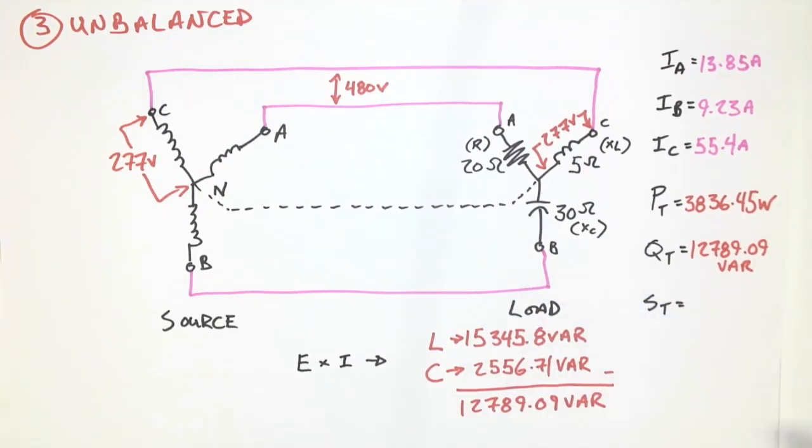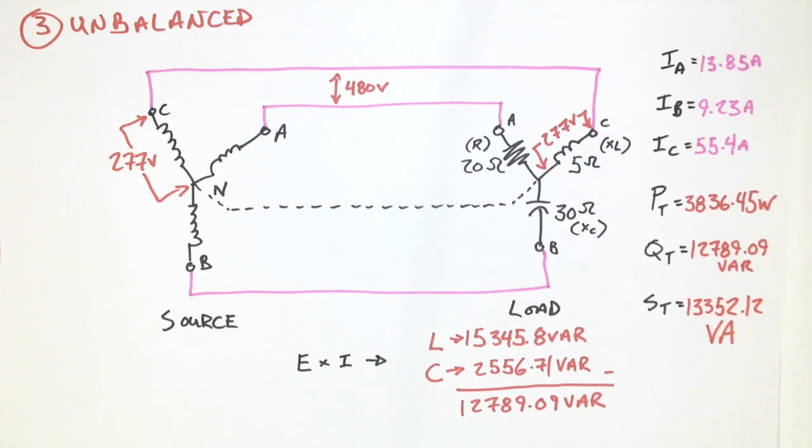I end up with 13,352 VA. So that's a full example of calculating everything out in an unbalanced system.